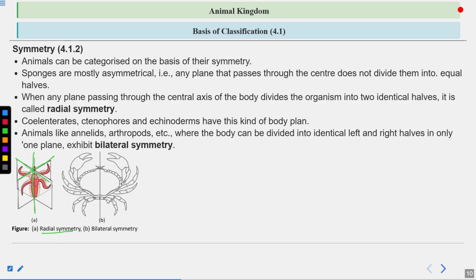This is an arthropod. It divides the organism into left half and right half equally. See the appendages here, 1, 2, 3, 4, 5, 1, 2, 3, 4, 5. So only one plane divides the organism into left and right halves equally, and it is called bilateral symmetry.